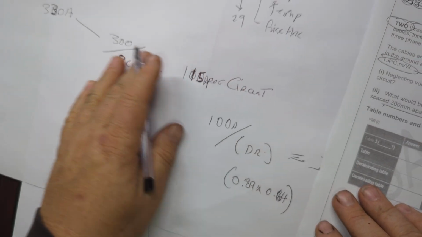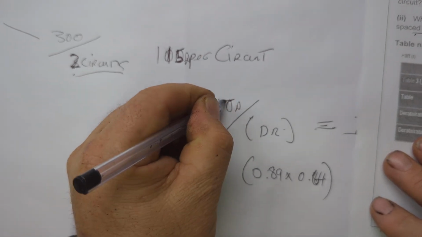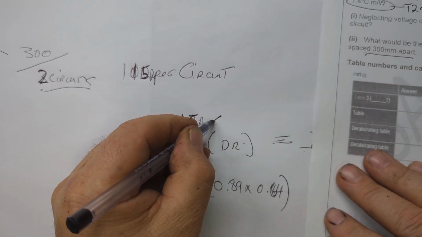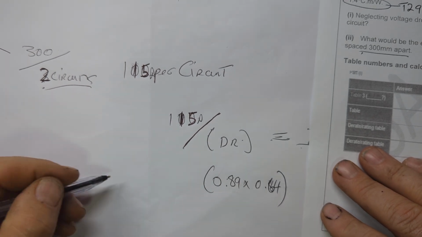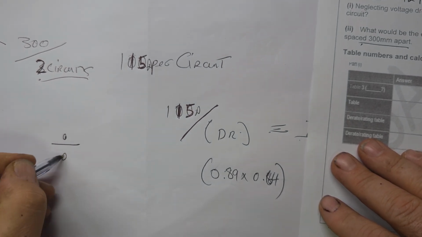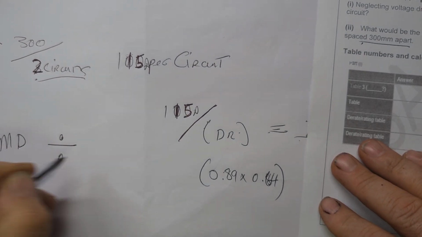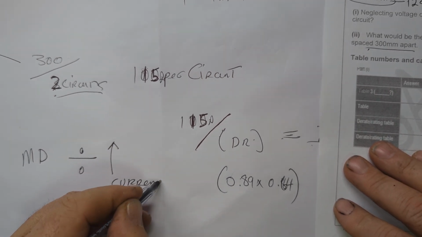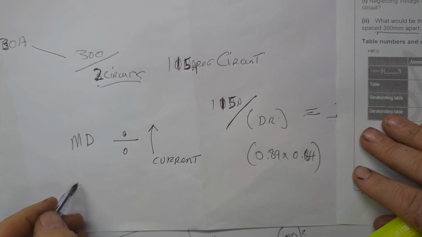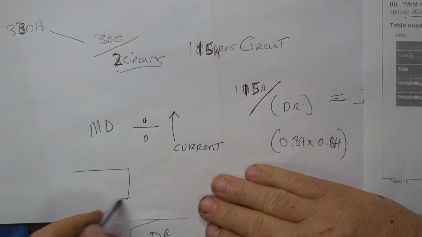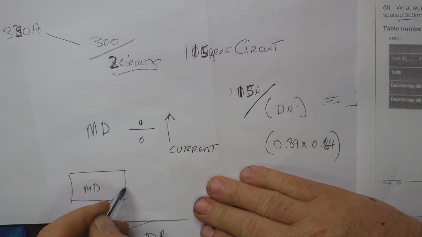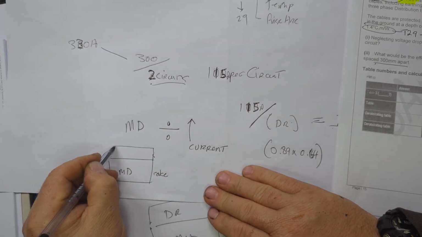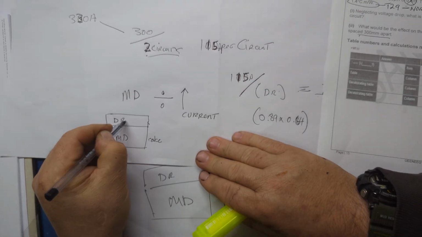Now the next thing, with the current per circuit, is that when you divide with maximum demand, it sends the current up. Basically, the maximum demand is the main part of the cake, and the toppings we put on top are our deratings.